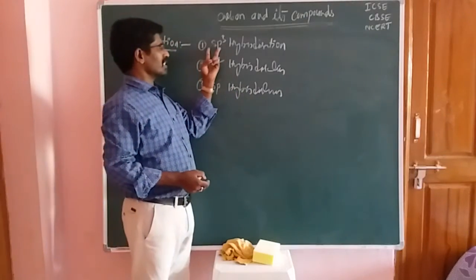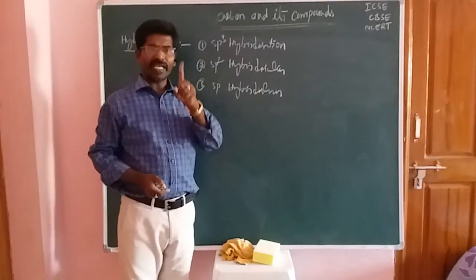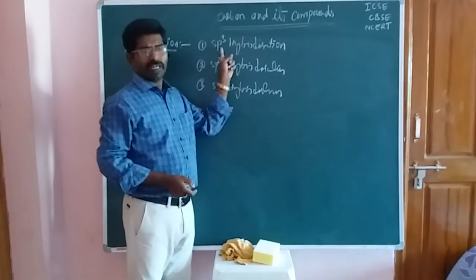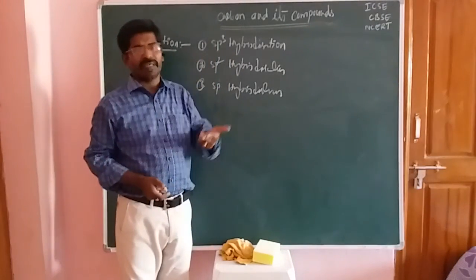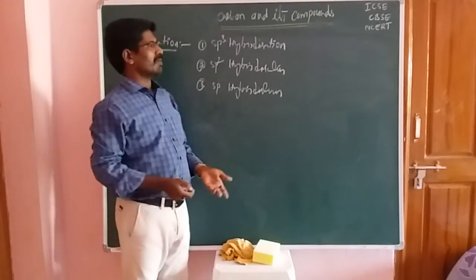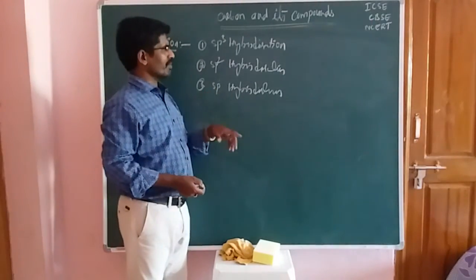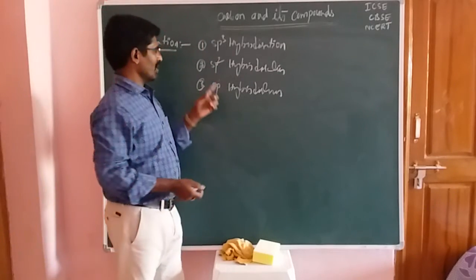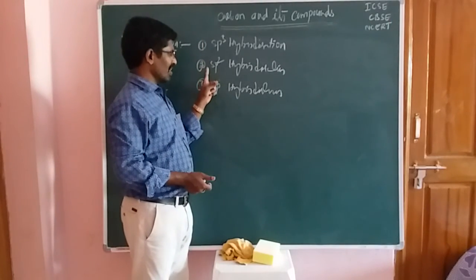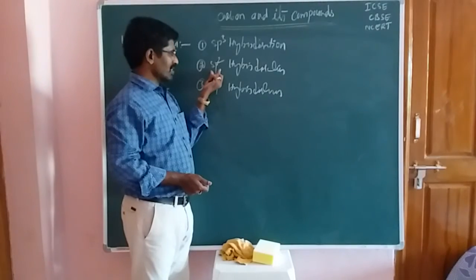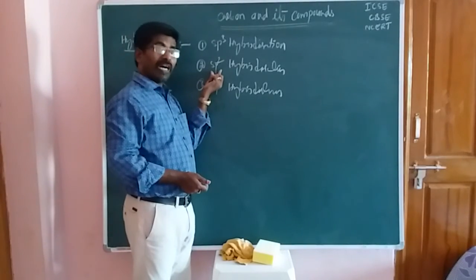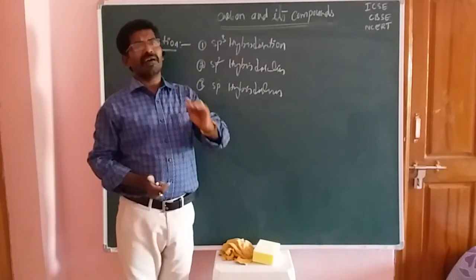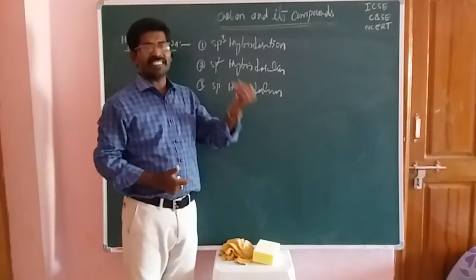In sp3 hybridization, one s orbital is intermixing with 3 p orbitals, combined to give 4 sp3 hybridized orbitals. Next, one s orbital is mixed with 2 p orbitals, combined to give 3 sp2 hybridized orbitals.